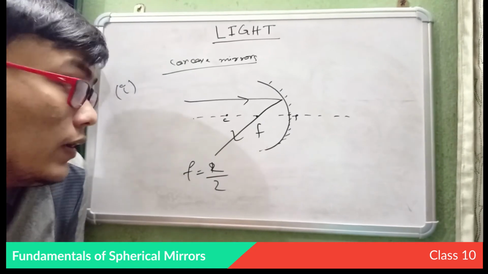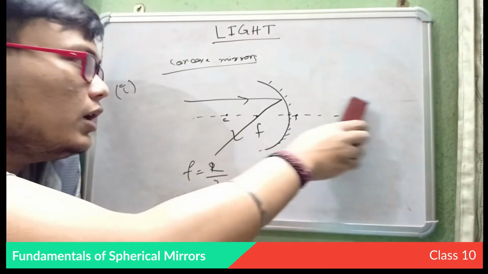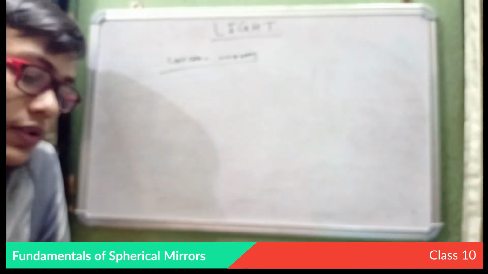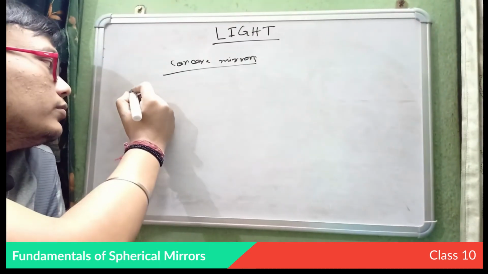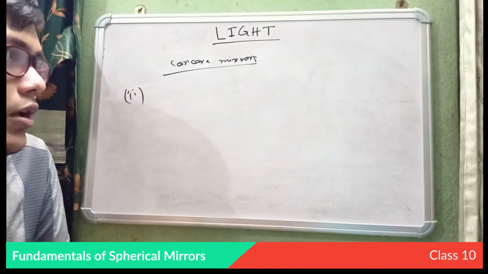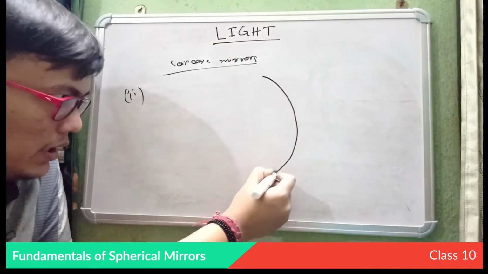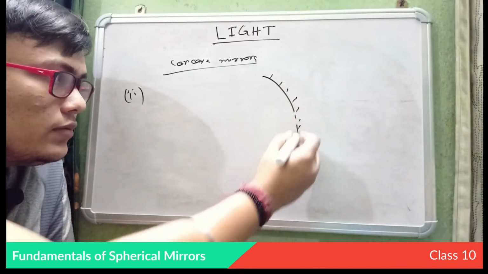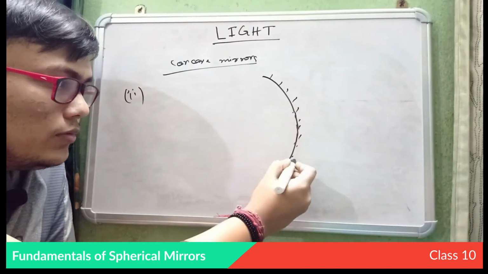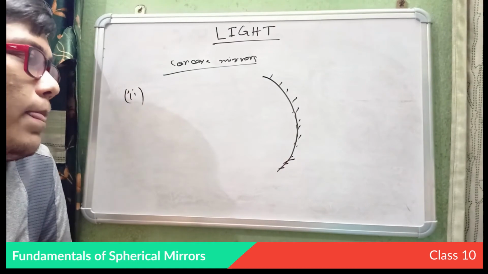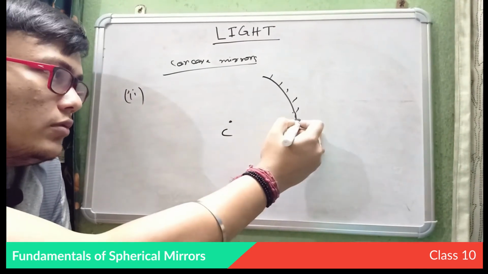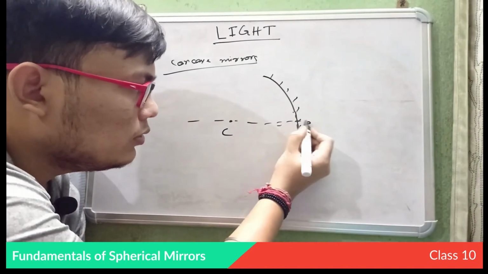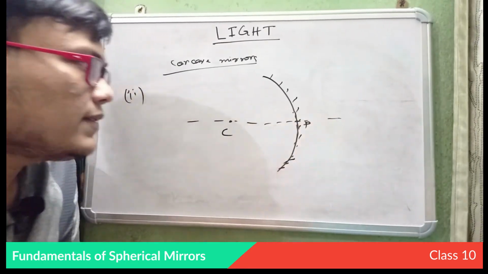Now if we consider the inverse of this scenario, let's consider this is scenario 2. Again I draw the mirror, this is the reflecting surface. Okay, center of curvature, pole, principal axis.